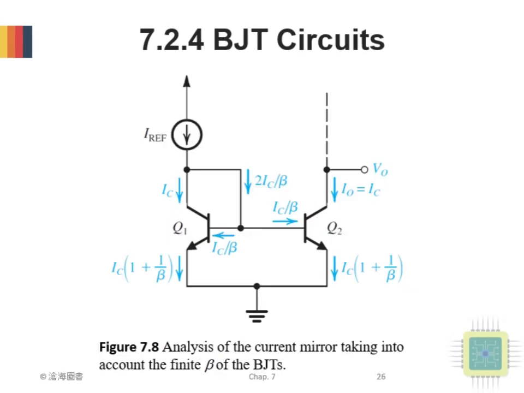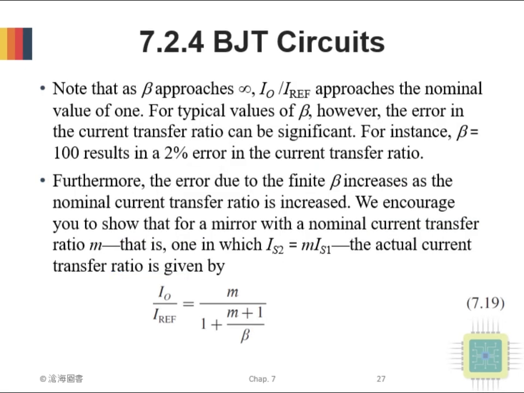In Figure 7.8, we label the currents in each branch of the BJT circuit to analyze the BJT current mirror when beta is a finite value. Note that as beta approaches infinity, IO/IREF approaches the nominal value of 1. For typical values of beta, however, the error in the current transfer ratio can be significant.